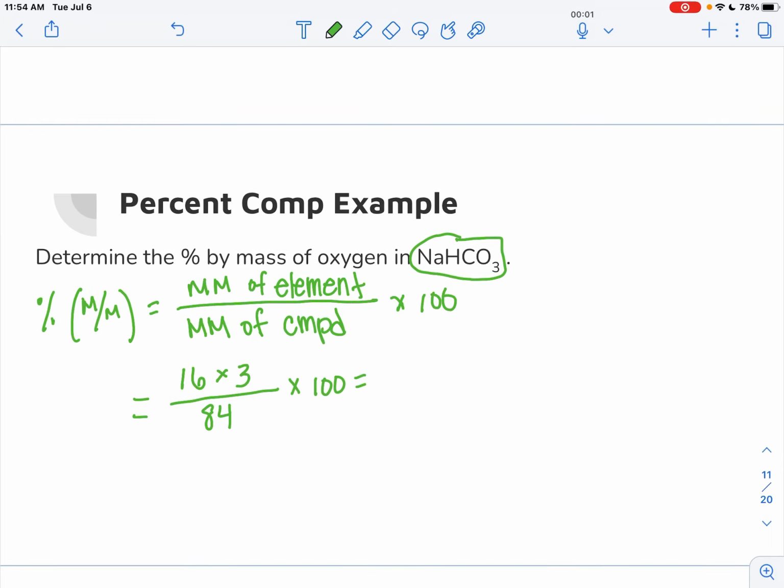So then when you do this out, you get 57.1% oxygen. So again, if you needed to do the entire compound, you would just do this again for sodium, for hydrogen, for carbon, same exact process.